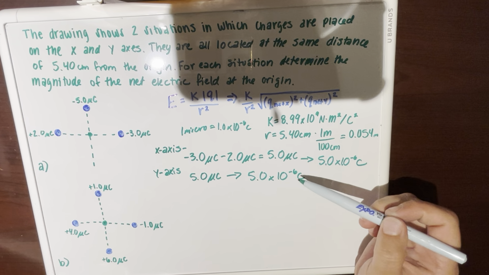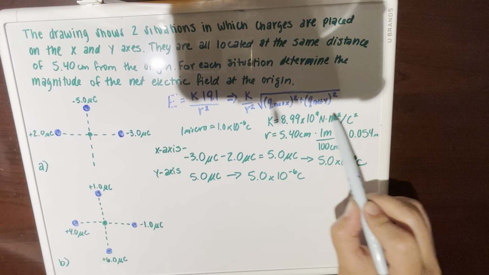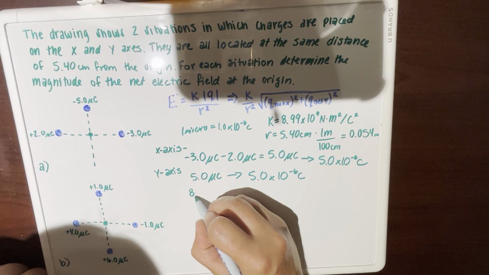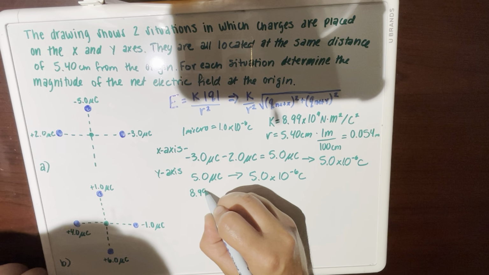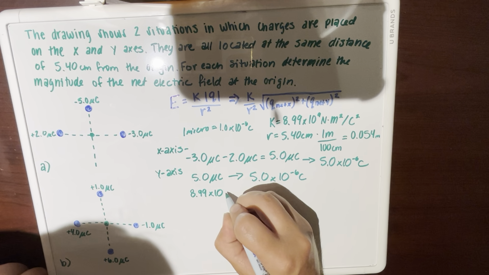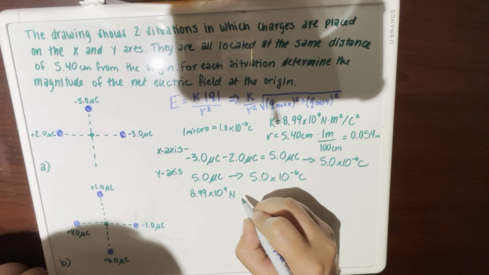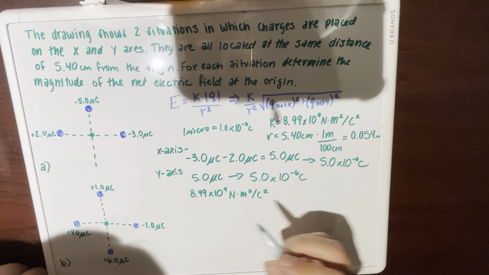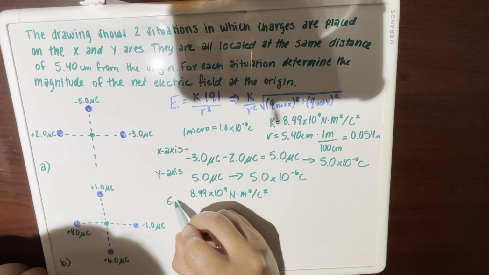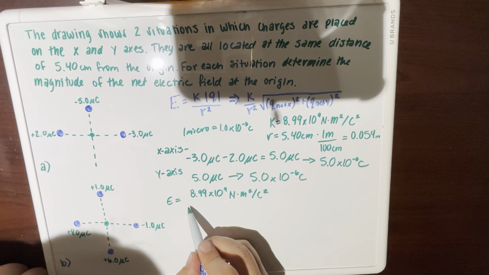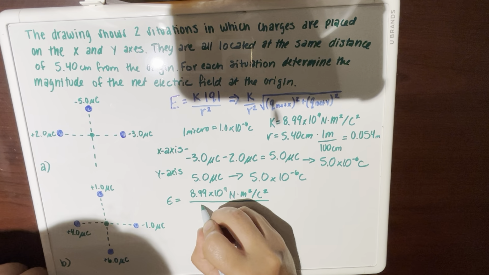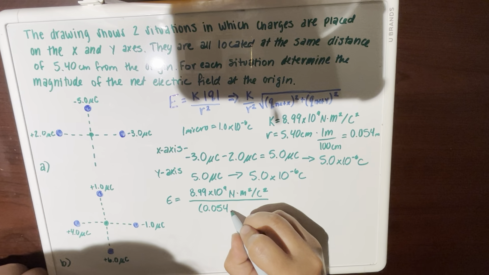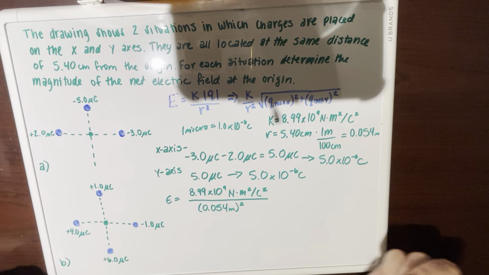And then we're going to plug all of these numbers into our equation here. So we get 8.99 times 10 to the 9 newton meters squared per coulomb squared. This is going to be over our 0.054 meters squared.